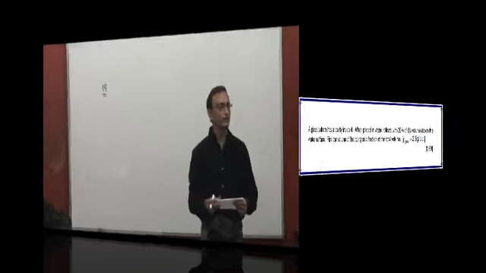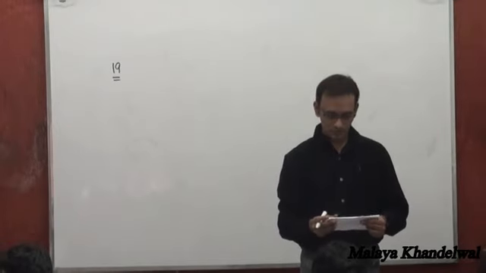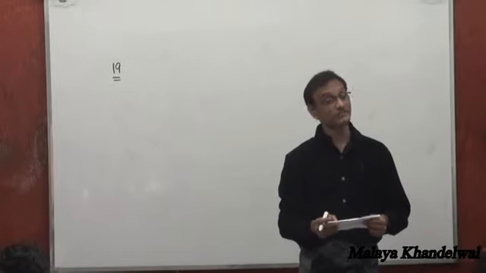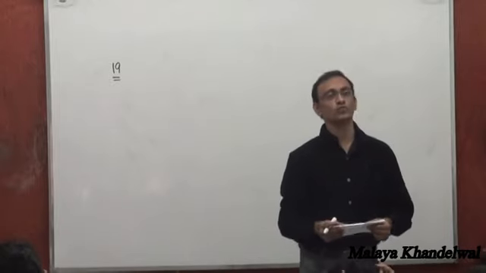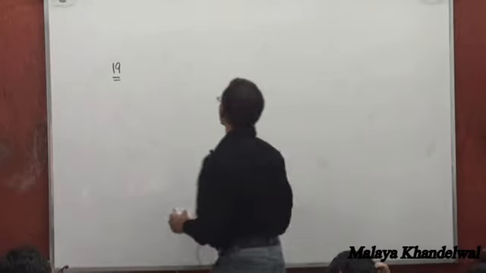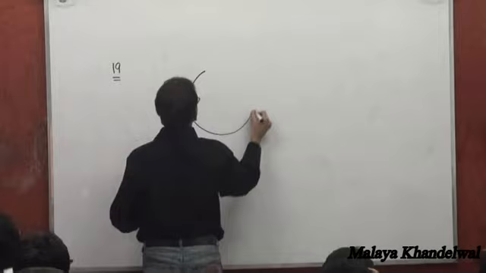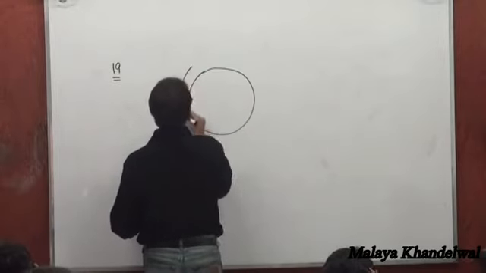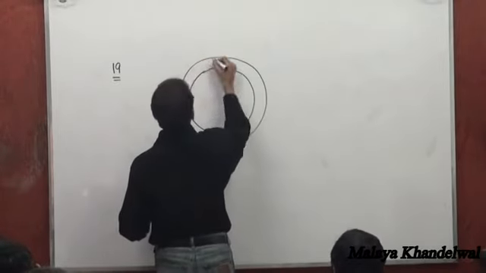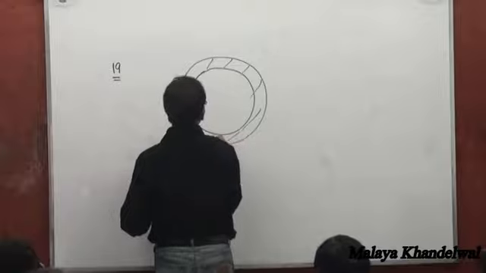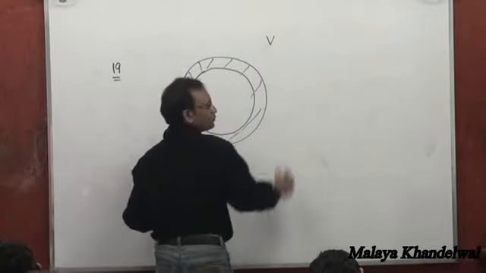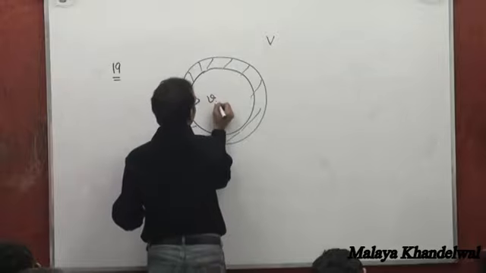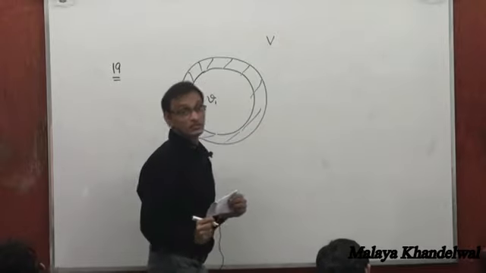A glass sphere has a cavity inside it. When placed in water, it floats with 20% of its volume above the water surface. Find the volume of the cavity as a function of the total volume. V is the total volume, and let's say V1 is the volume of the cavity.